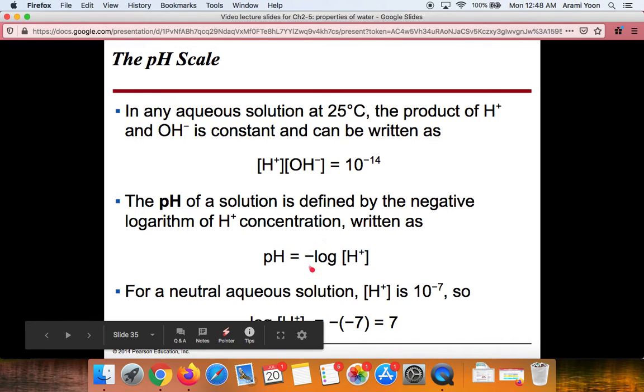So this log has a base of 10. And so when we read this mathematical expression, it basically is saying that the pH is the negative power that you put on the number 10 to get the hydrogen ion concentration.